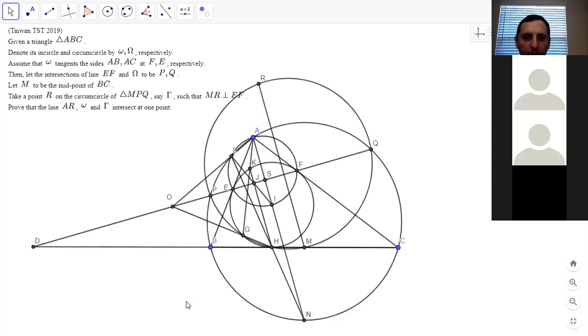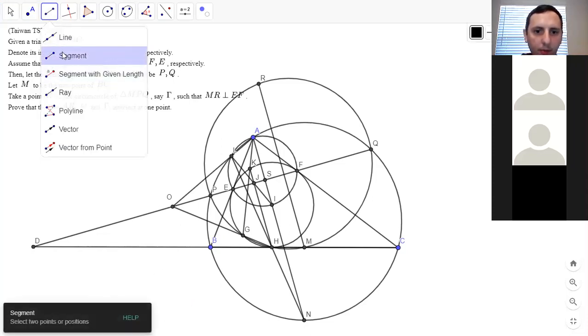Because we have a lot of parallel lines. So IH is also parallel to MN.